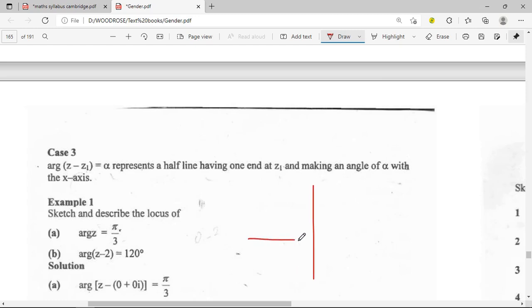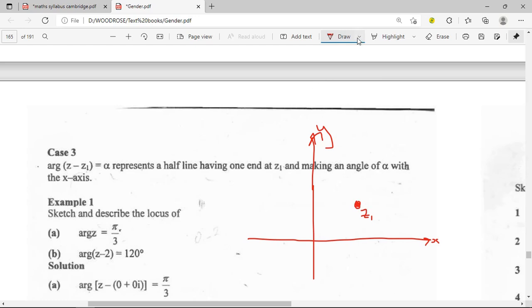We have our Cartesian plane, here it's our y and here it's our x. Then we have a point which we call Z1. So you need to take note of the point first. You need to write everything in terms of Z in the form of this one. Then you plot your Z1.